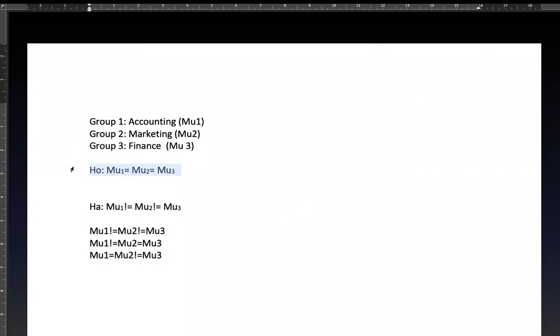The null hypothesis says that the three groups are the same, so anything that provides a counterexample or a different format goes against the null hypothesis.